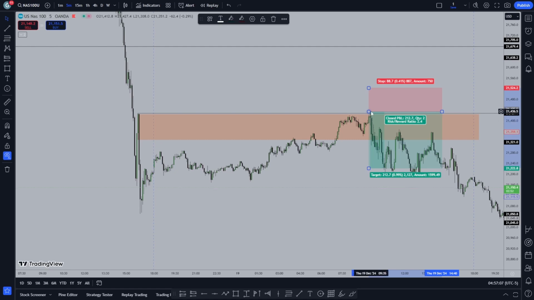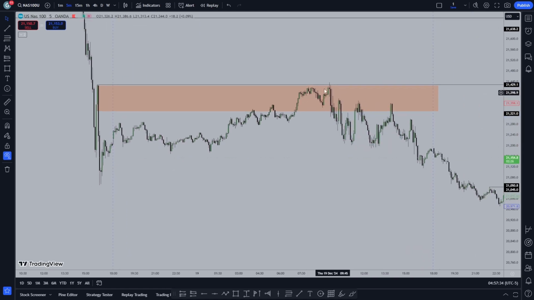So what you can do is wait for confirmation. You can go to smaller time frames and look for some sort of fair value gap on the 1 minute time frame, and from that confirmation you can take the trade. If you are a beginner in this liquidity strategy, you can do that, right?